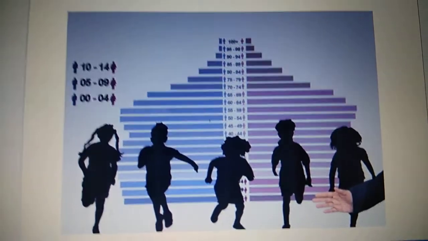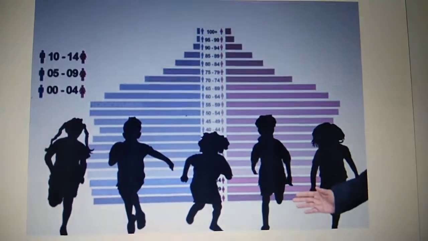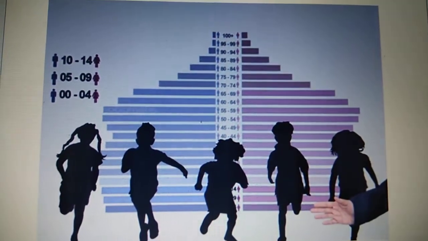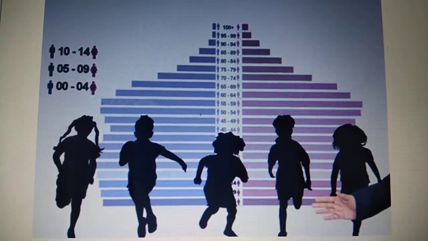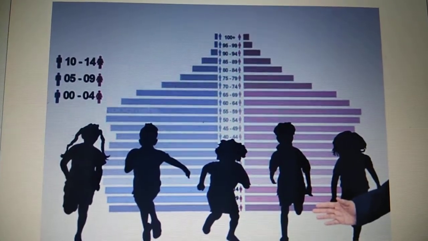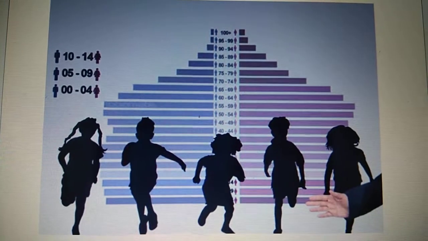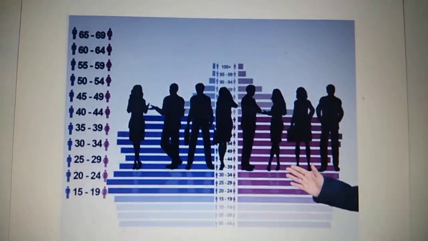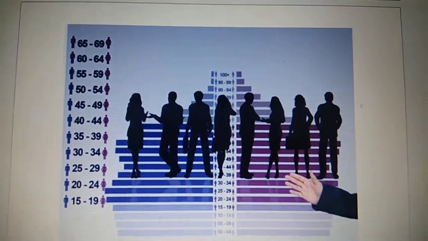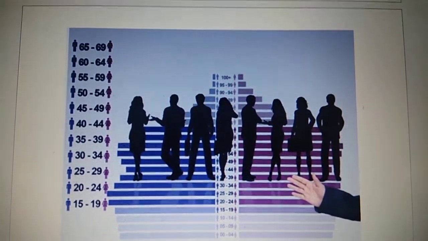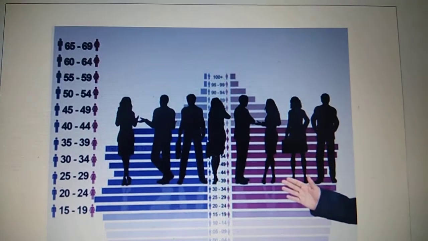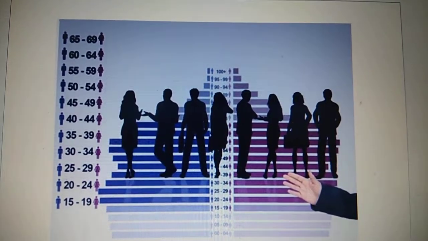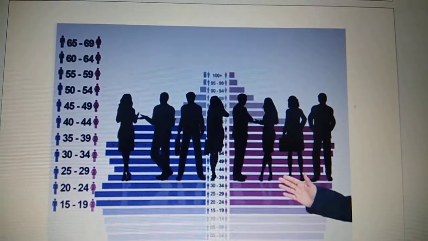Children, the number of young children below 15 years are shown at the base. Okay, that reflects the birth rate of a country. We see here the working age population, or the economically active people of the country, from 15 to 69 years, who are active and working and who earn money for the family, shown in the middle portion of the graph.